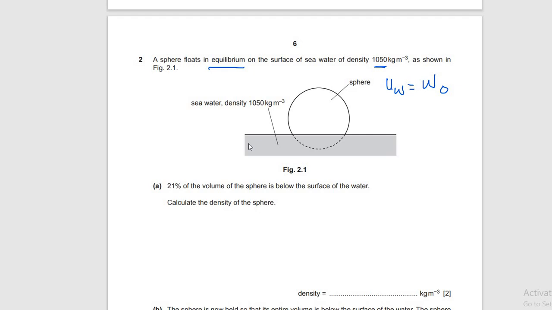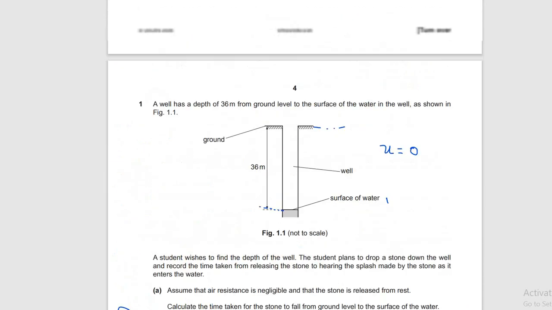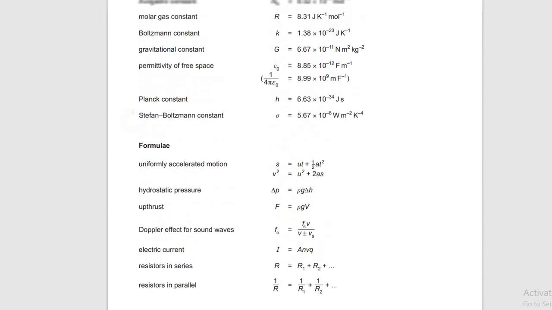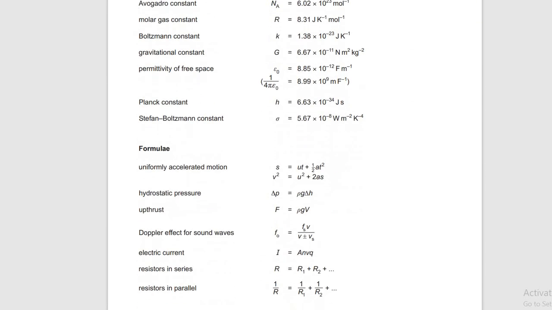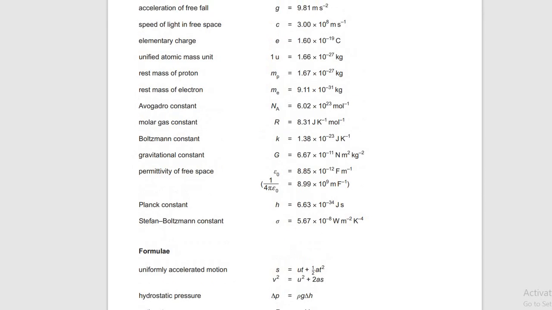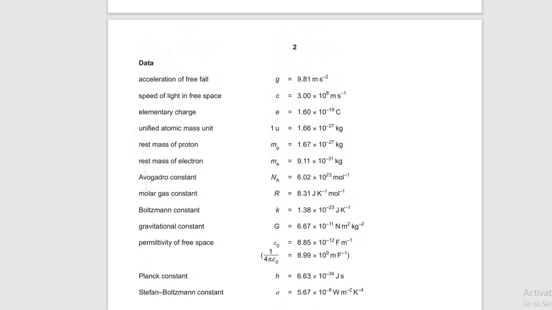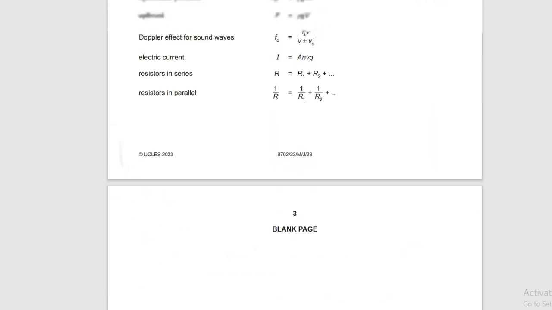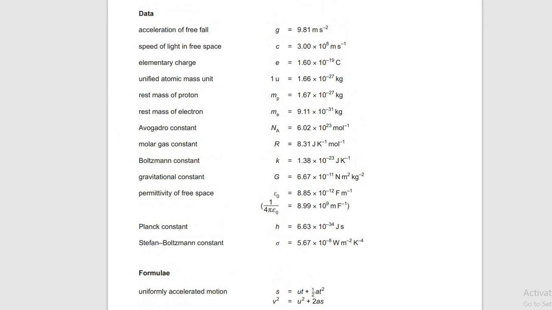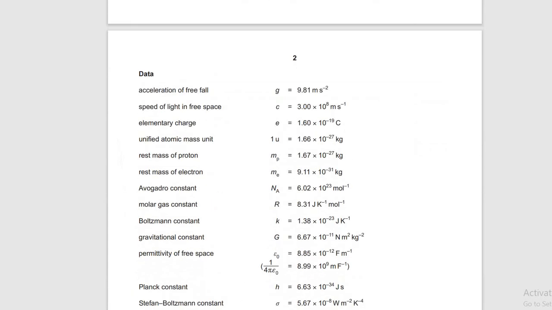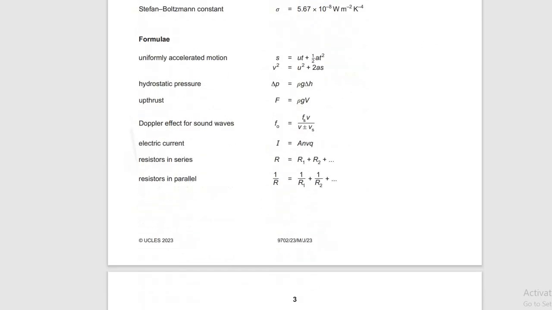So in this case, when you check the front page of the data sheet, we have some formula given there. It should be given there, the formula for upthrust. If it's not given, we can also derive it.